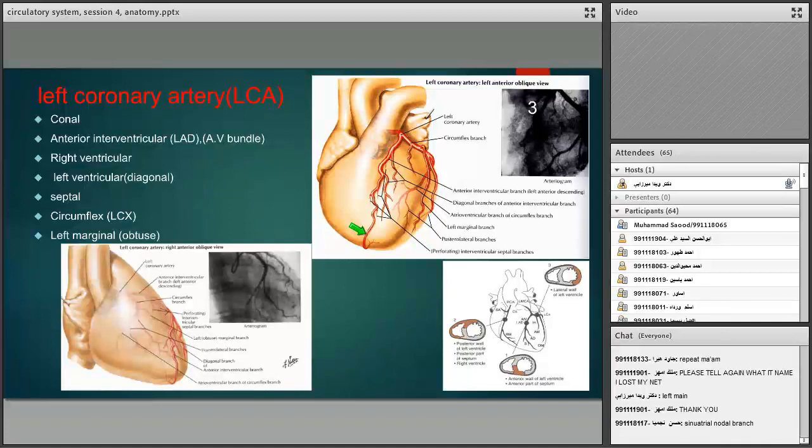The left coronary artery is also sending some branches to the pulmonary trunk and the beginning part of the aorta, and they are also called the conal branches. It has some small branches for these parts.